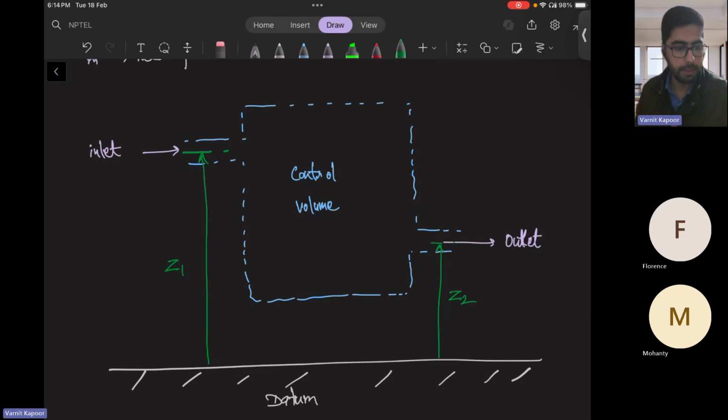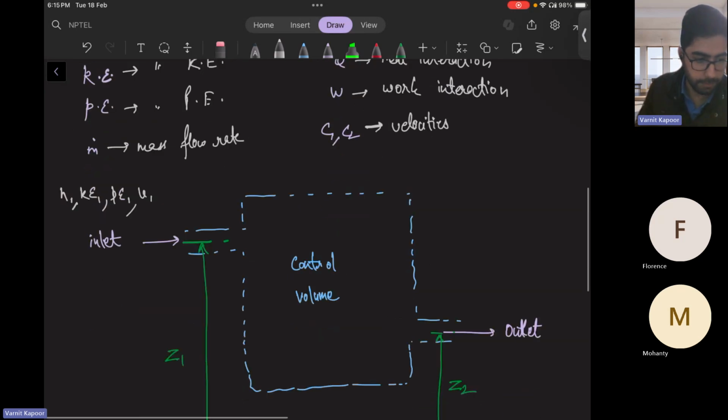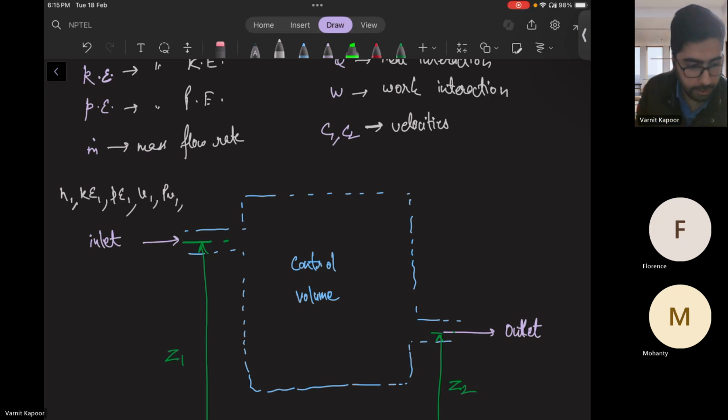So whatever mass flows into the system is the mass extracted out of the system. At the inlet we have the properties h1, kinetic energy 1, potential energy 1, then specific internal energy, all in specific terms as I wrote in the nomenclature. Then flow work at the inlet and speed at the inlet, C1.